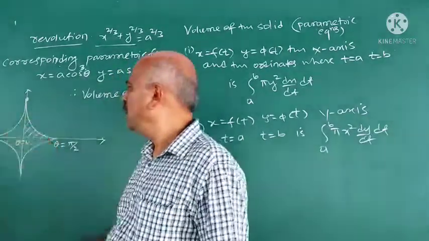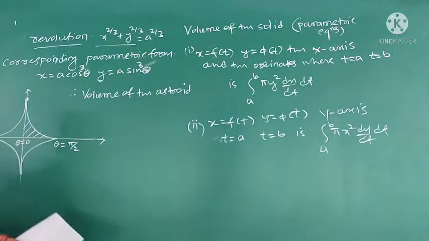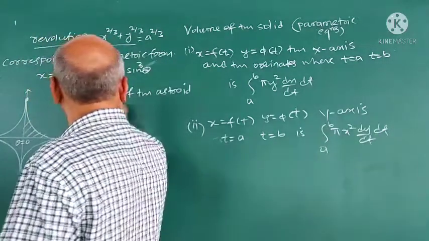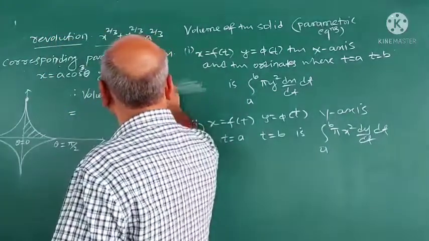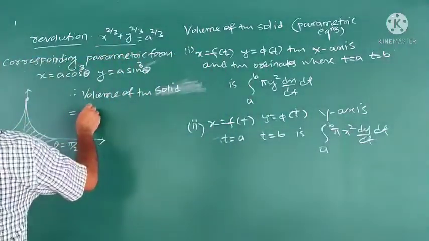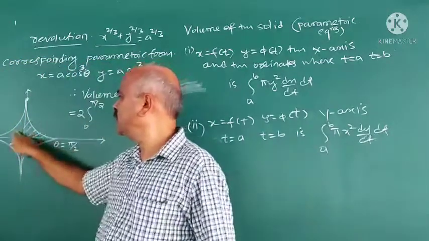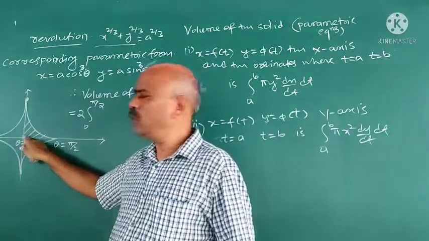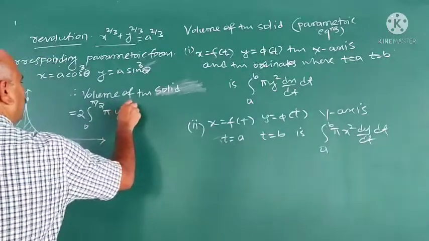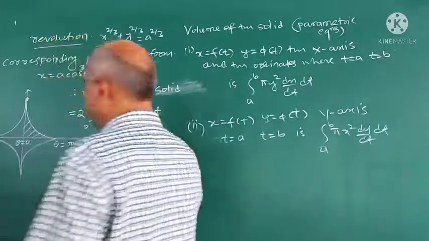I simply write the volume of the solid is integral 0 to pi by 2, twice, 2 times, because these two areas are the same. I know the parameters are 0 and pi by 2, so I take 2 into integral 0 to pi by 2, pi into y square dx by dt.